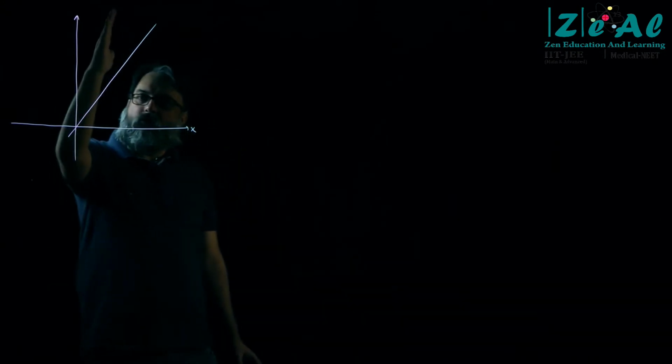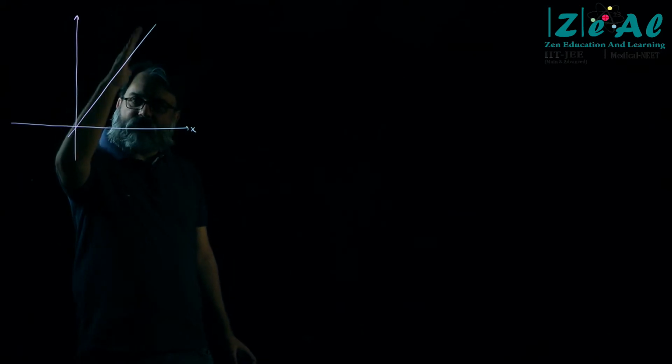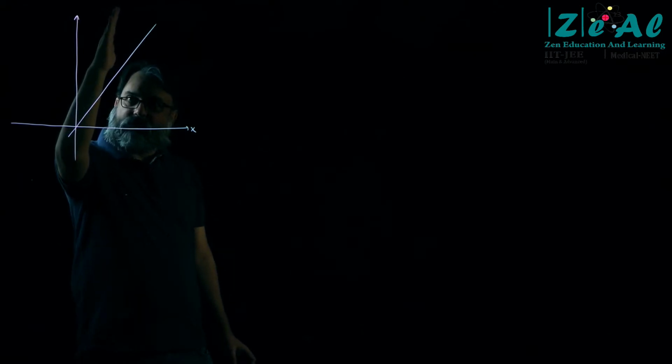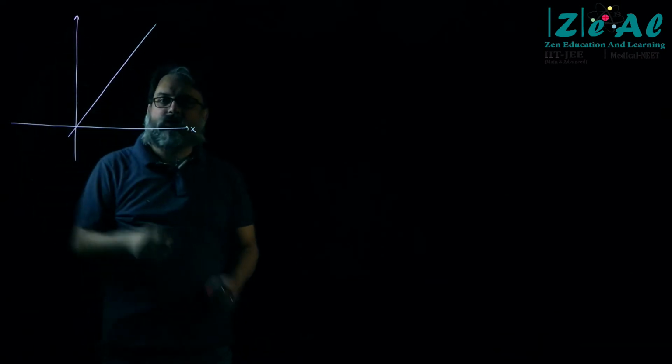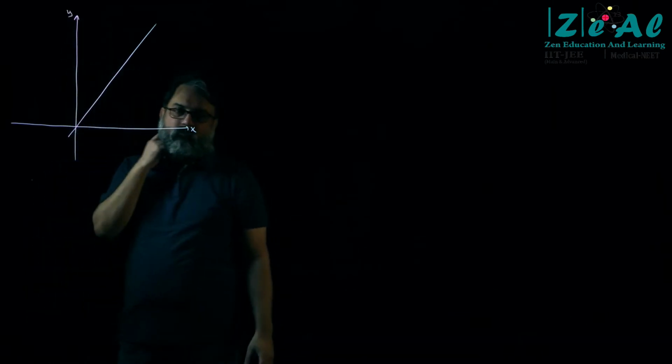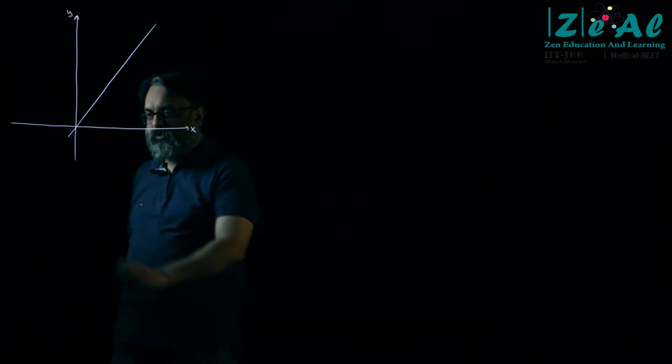And if the slope of the straight line is large, that means if the straight line is inclined like this, then whatever change occurs here, the corresponding change here is very, very large, right? And I think I can show this to you as well.